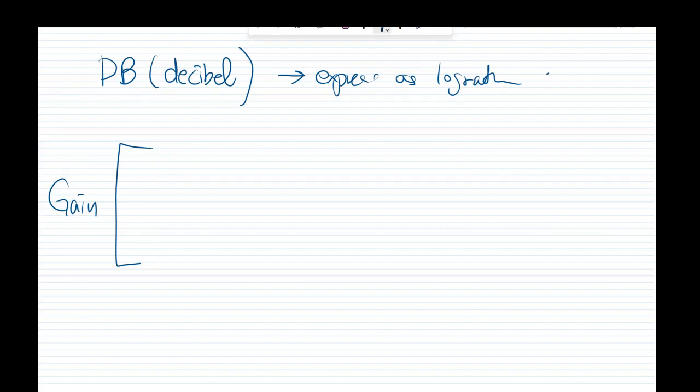I'm thinking audio-wise, because if you turn up the gain on a microphone or something, your voice will be louder. It's almost like a volume, a level control.